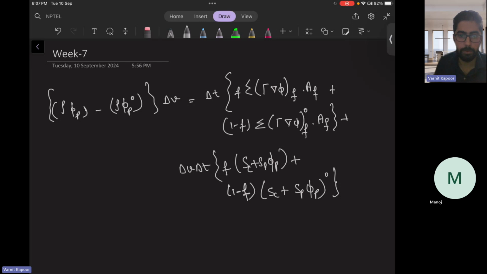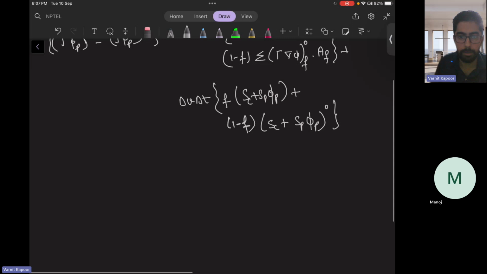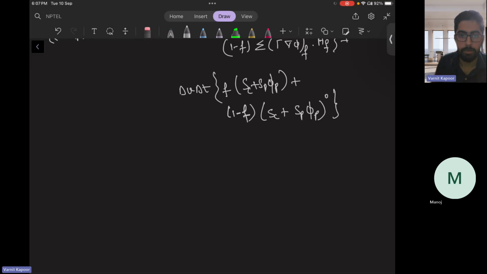Now if you pick out the terms of phi P naught and separate them out, your equation will come down to some neighboring points. Let us write down the equation.